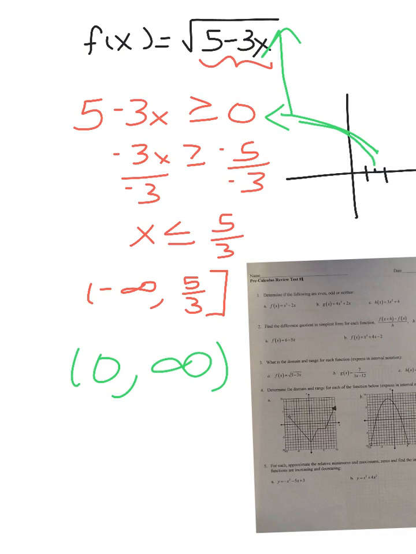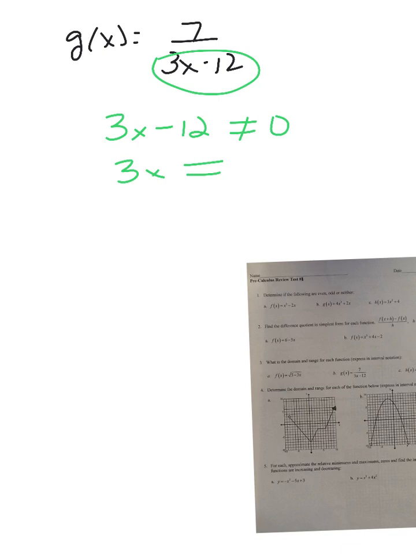Okay, so let's take a look at B. For the domain, I noticed that my x is in my denominator, and the denominator of a fraction cannot be equal to 0. So 3x cannot be equal to 12, so x cannot be equal to 4. So x can be any number, it just can't be 4. So it's from negative infinity to 4, union 4 to infinity.